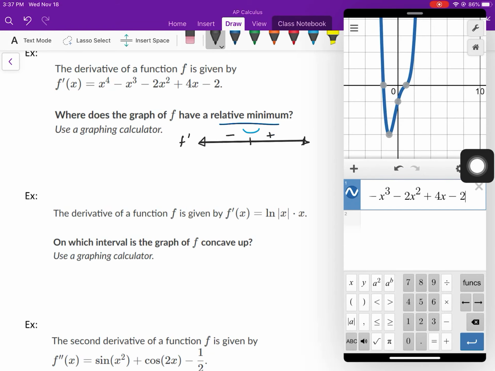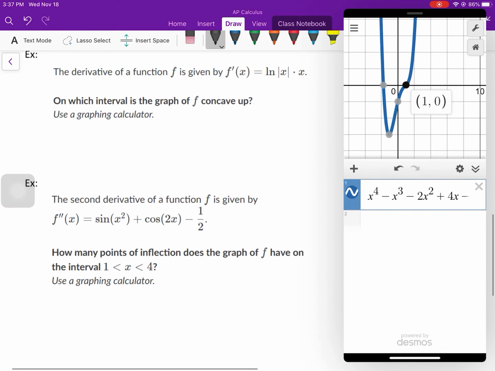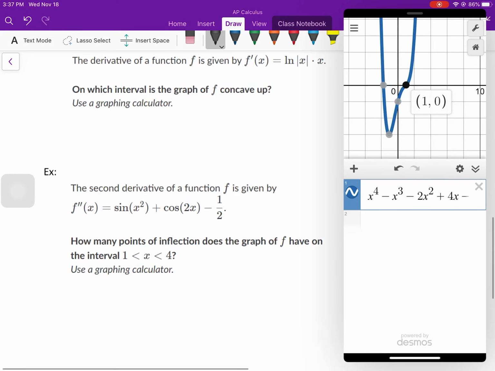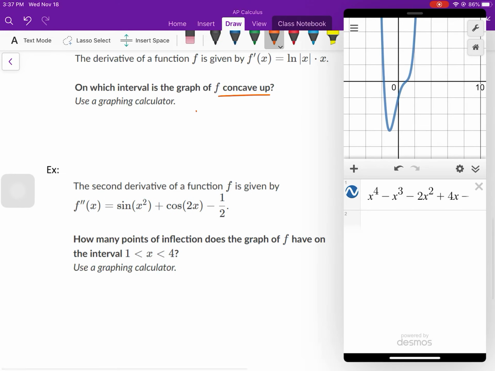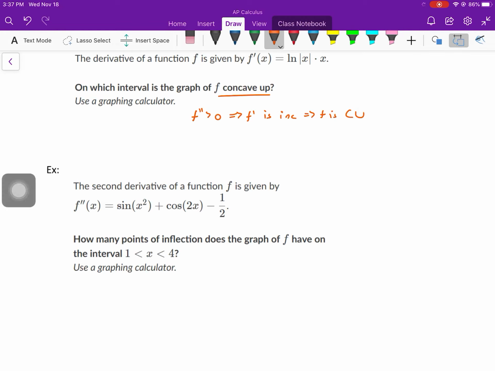And so we're looking for when it goes from negative to positive, which happens right here. See, it's below the x-axis, then above. So our first derivative went from negative to positive there at 1. So x equals 1. Now what about concavity? Well, remember, for concavity, if f double prime is positive, we want it to be concave up. That tells us that f prime is increasing, which tells us that f is concave up.